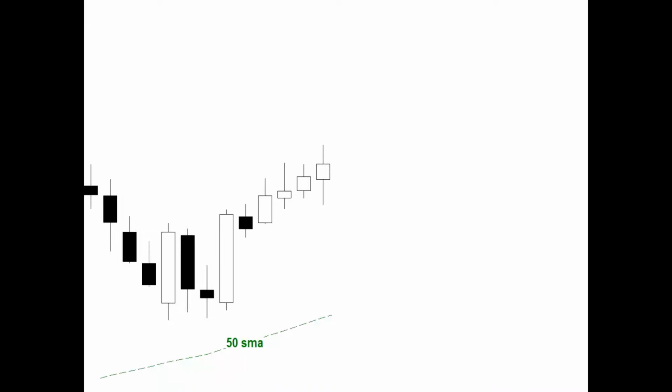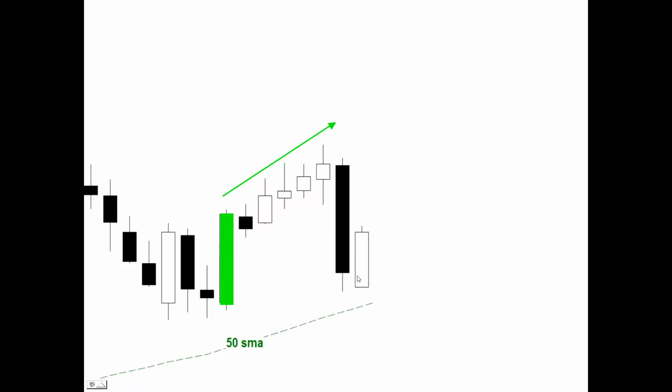So as we look here, remember, we are above the 50, so the overall trend is up. And now we have a bar that closed right here in the top 25%. And look what happened. So the short term is in sync. Now, all of a sudden we have a sell-off and someone will say, wow, okay, well, this is over, right? The short-term trend is down. Well, not really, because what do we have here? Another bar closing in the top 25%.